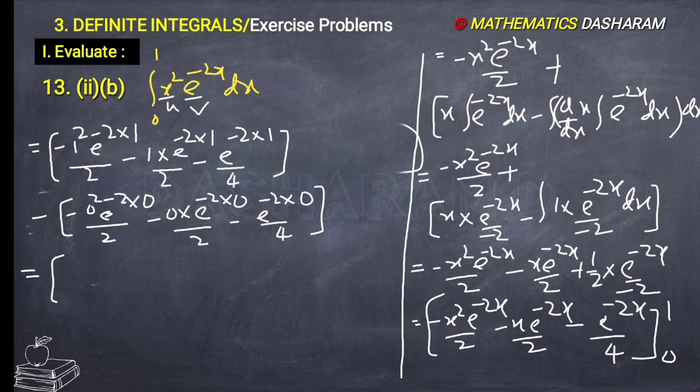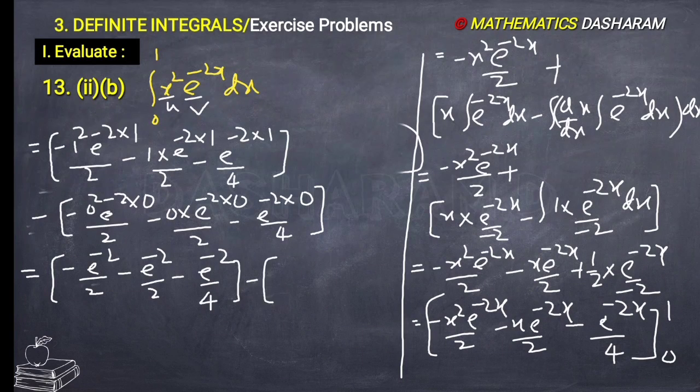It is equals to minus e power minus 2 divided by 2 minus e power minus 2 divided by 2 minus e power minus 2 divided by 4, minus 0 square 0, 0 minus e power 0 by 4.